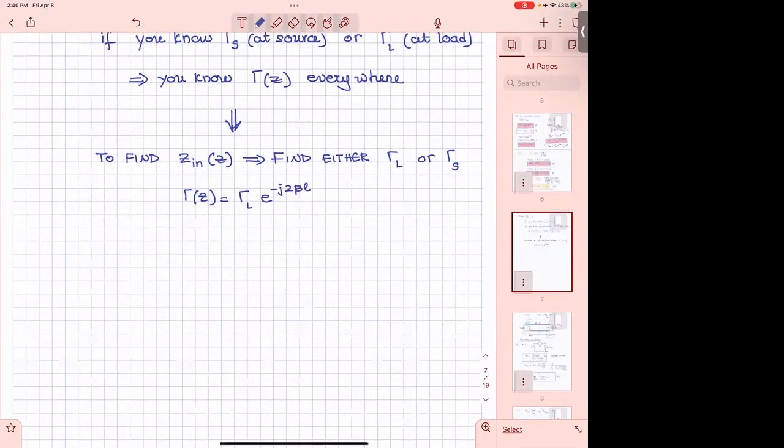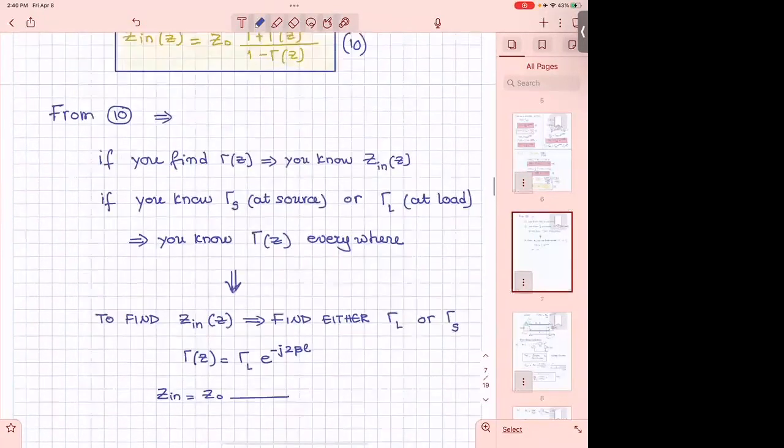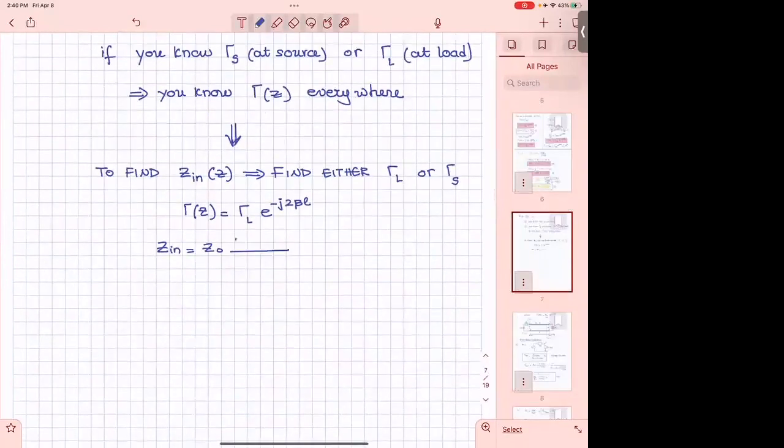And then also we have Z input equals Z naught times 1 plus gamma L e to the minus j 2 beta L divided by 1 minus gamma L e to the minus j 2 beta L. Okay, so that is important to remember.